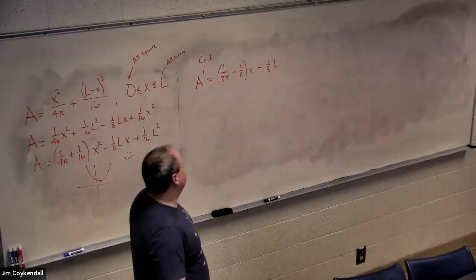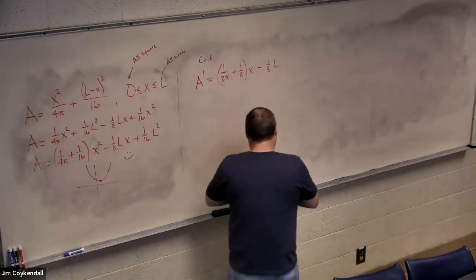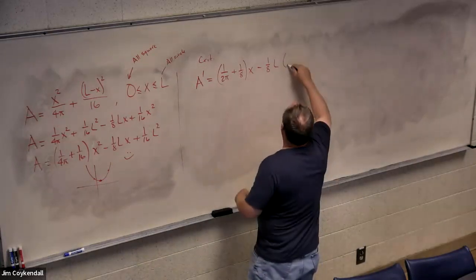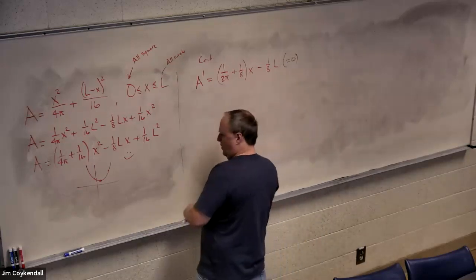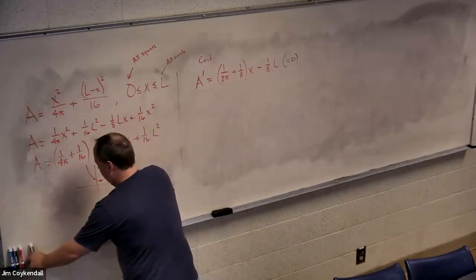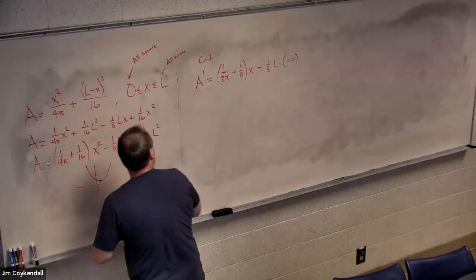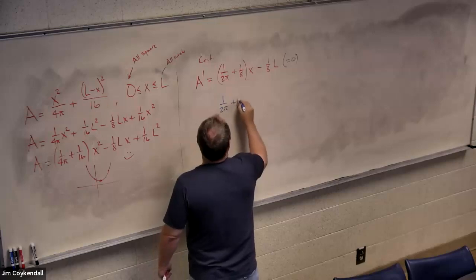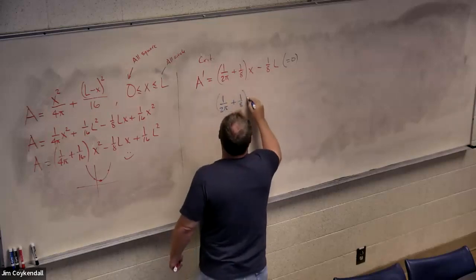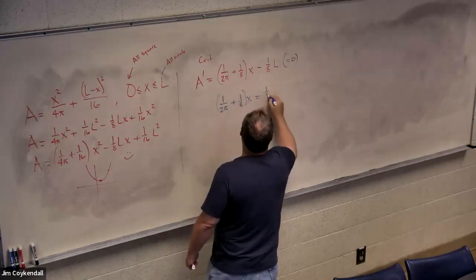Now let's see if it falls in the region that we want. Set this equal to 0. What I get now is 1 over 2 pi plus 1 over 8 x equals 1/8 L.